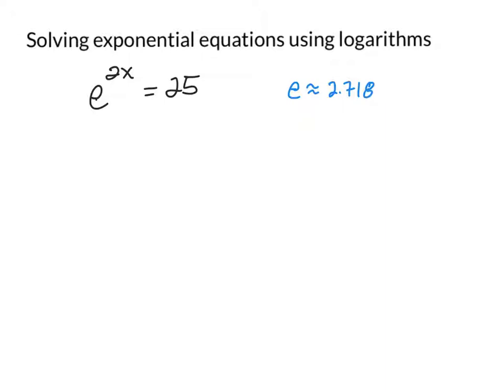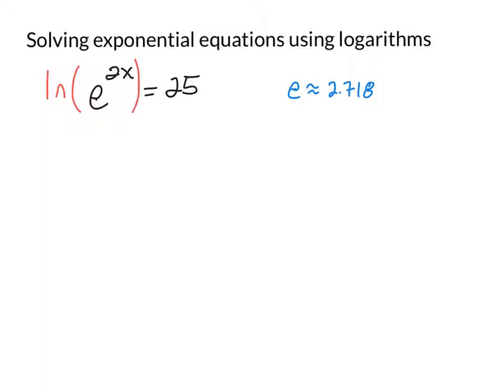The problem I'm having right now is that I want to get to this x, but I can't, because it's in the exponent. So I need to somehow get it out of the exponent so I can deal with it. One of the great things we have is a rule for logarithms that says if I have an exponent, I can bring it down as multiplication.